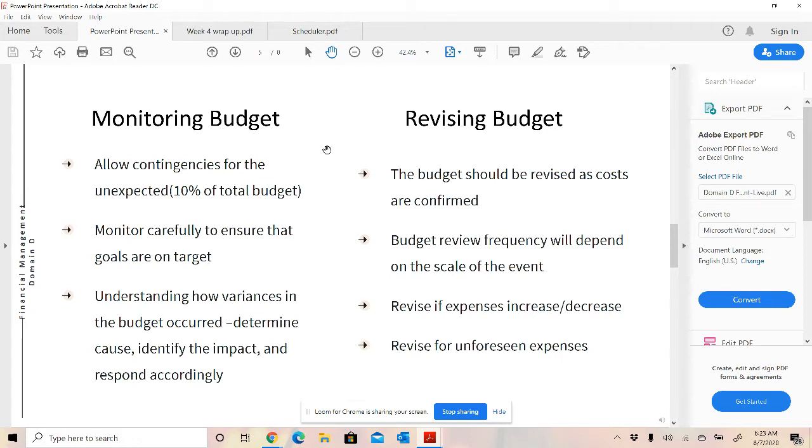Again, that 10% contingency, things that we weren't anticipating that maybe have come up. Maybe a new speaker that you really wanted at your event wasn't available when you did the budget, but now suddenly they're available, so you need more money to pay that speaker you really want. So, things like that. Always make sure you're monitoring and revisiting the budget.